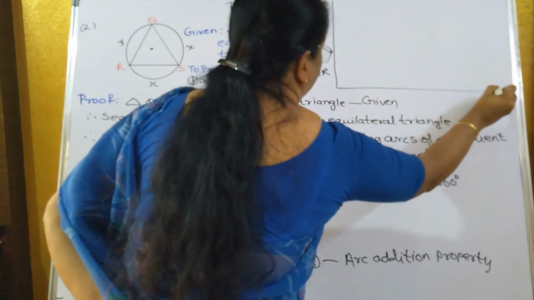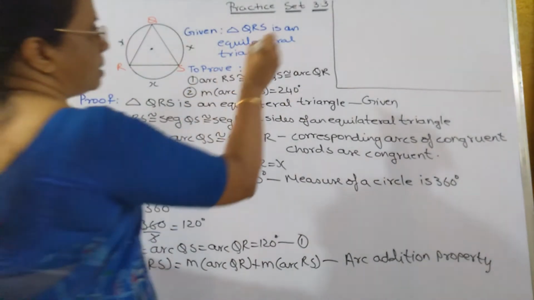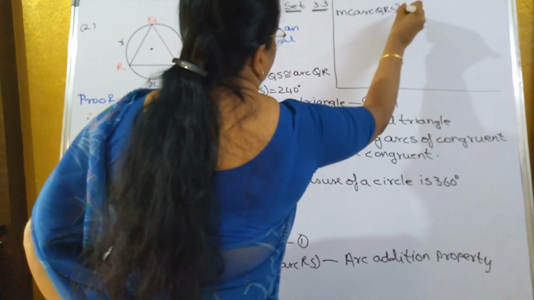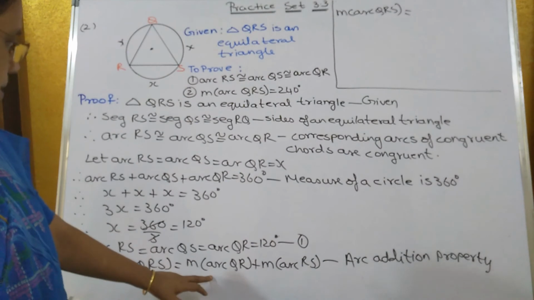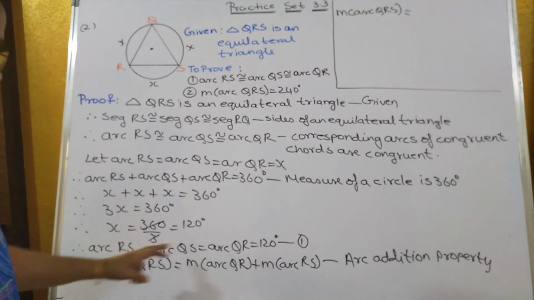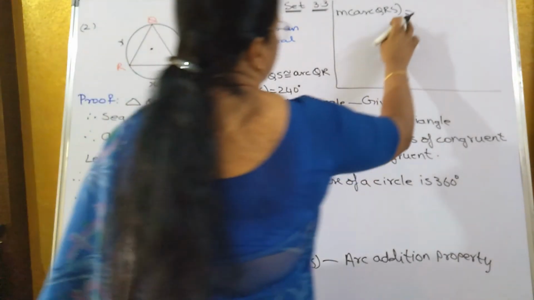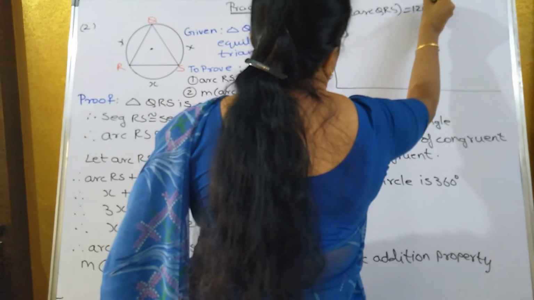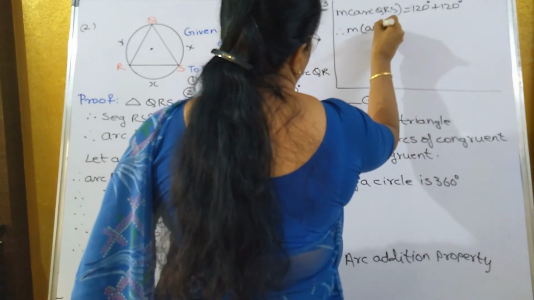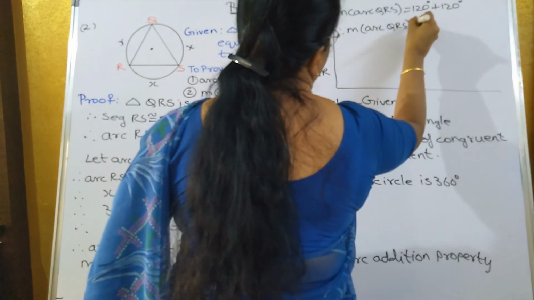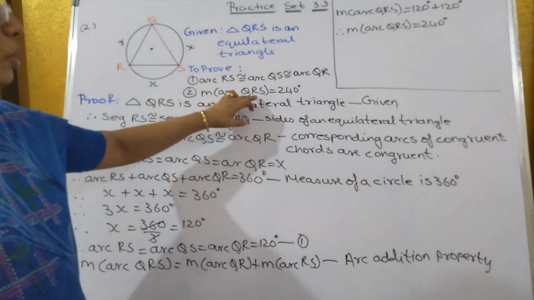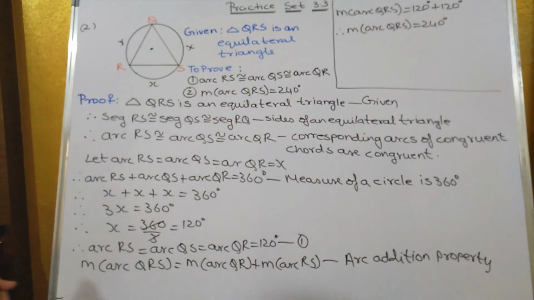Therefore, what is measure arc QRS? Measure arc QR is equal to how much? 120 degree. And what is measure of RS? That is also equal to 120 degree. So that is equal to 120 degree plus 120 degree. Therefore, measure arc QRS is equal to 240 degrees. So that is what we had to prove. Measure arc QRS is equal to 240 degree.